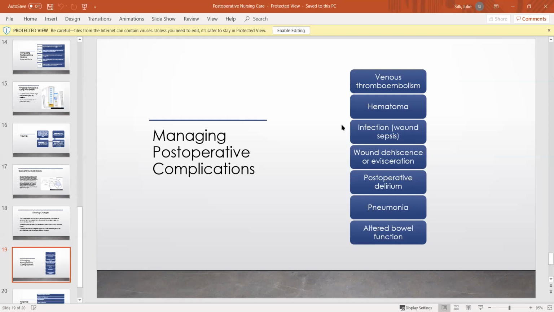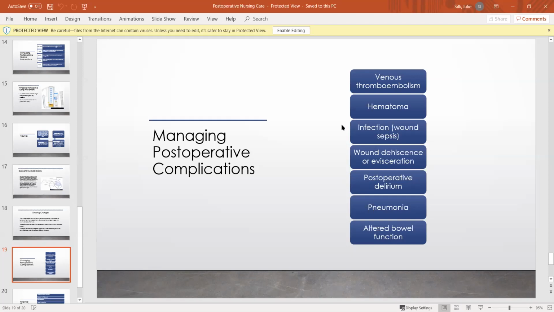With pneumonia, some of the signs and symptoms you would see are decreased breath sounds over the affected area, or if it's really bad, you could hear crackles or sometimes rhonchi even. Pneumonia is characterized by chills and fever, tachycardia, tachypnea, and cough.